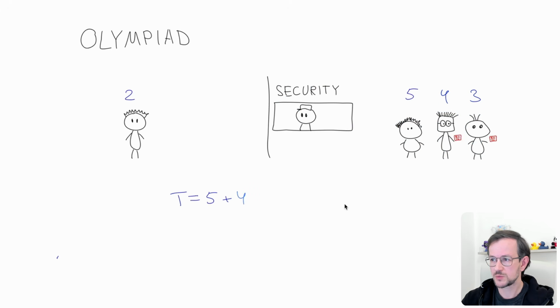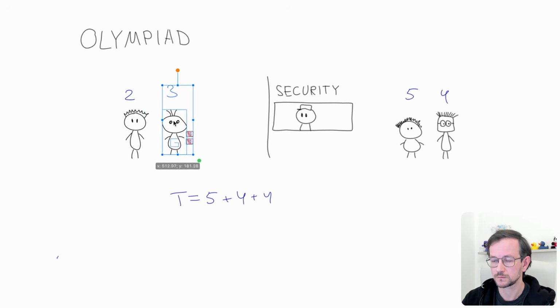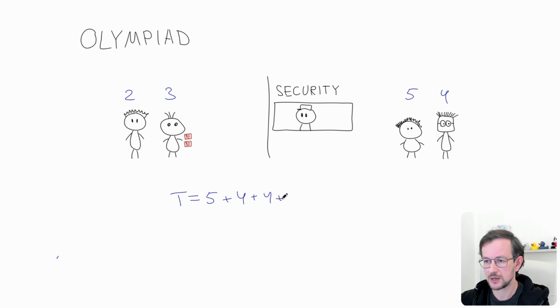Yeah. Now we spend 4 units of time. Let's say plus 4. Now one of them comes outside. Which one? Let's put this fastest one, for example. This one. It takes 3 units of time. And finally, these 2 people come inside.